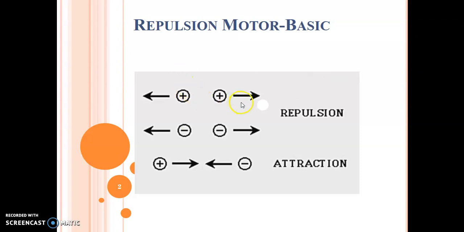You can see from here that when the like charges are brought close to each other, then there exists a repulsive force, and when the poles or charges of opposite natures are brought close to each other, then there exists an attractive force. We'll now analyze how this principle is utilized in repulsion motors.